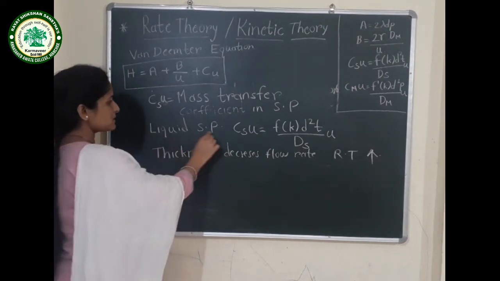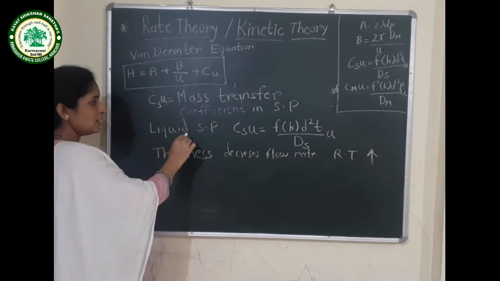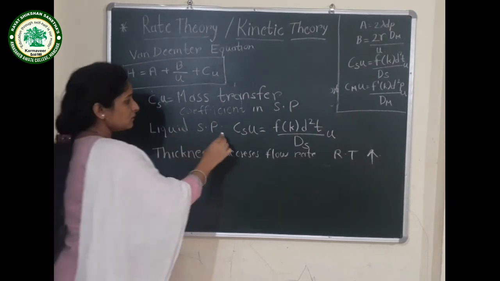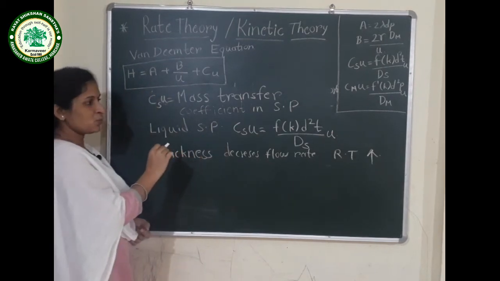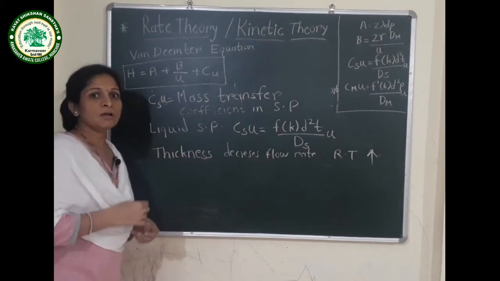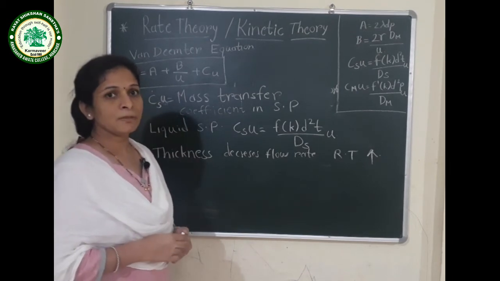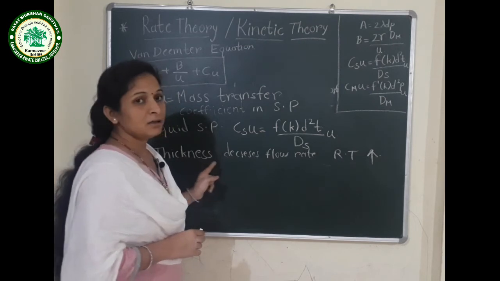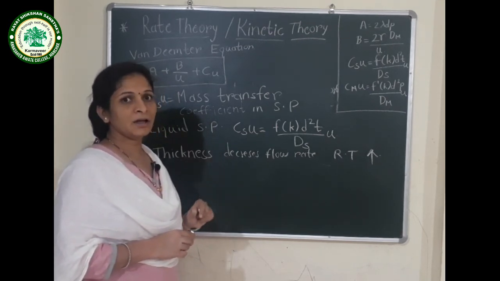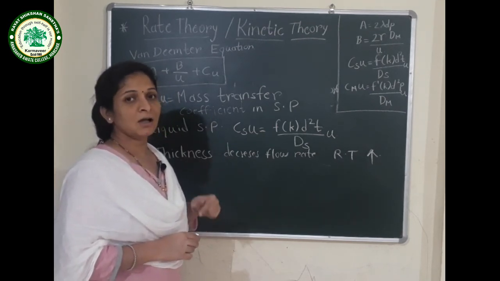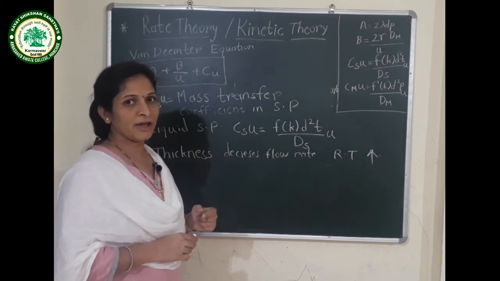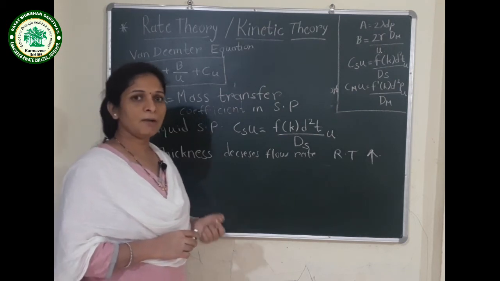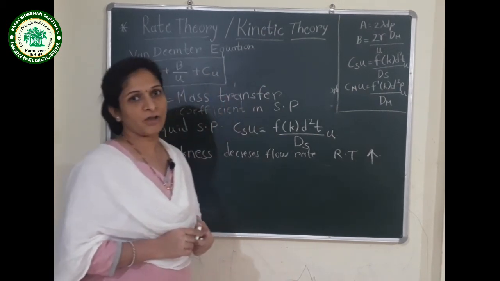What is this liquid stationary phase? We are taking liquid coated on the stationary phase, and in this case the mass transfer is directly proportional to the square of the thickness of the liquid coating. Now if the thickness is higher, then what happens? Due to this higher thickness of the stationary phase, the components in the mobile phase will require larger time because they spend more time in that stationary phase.